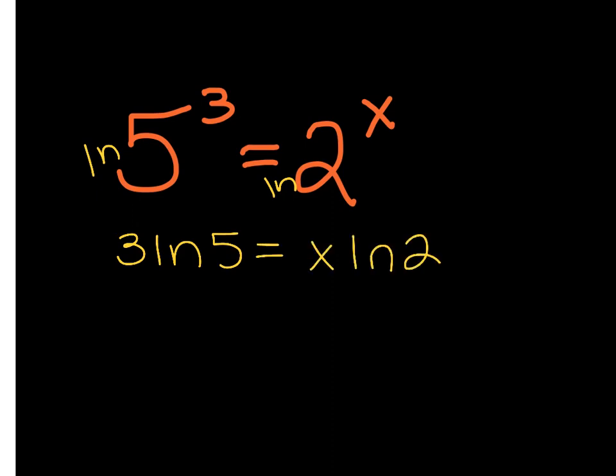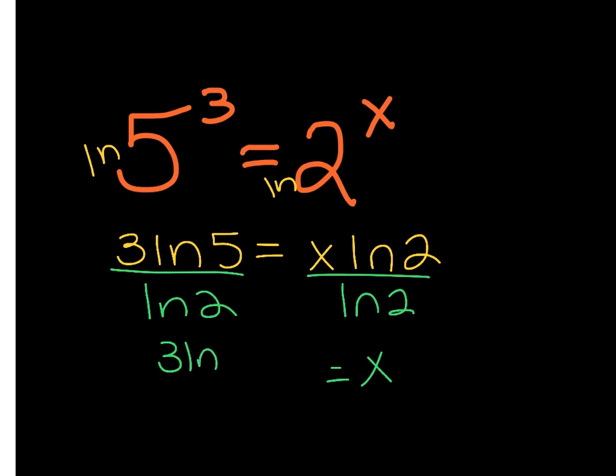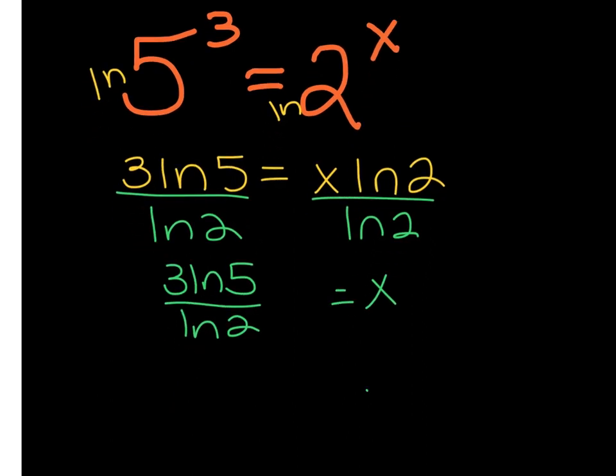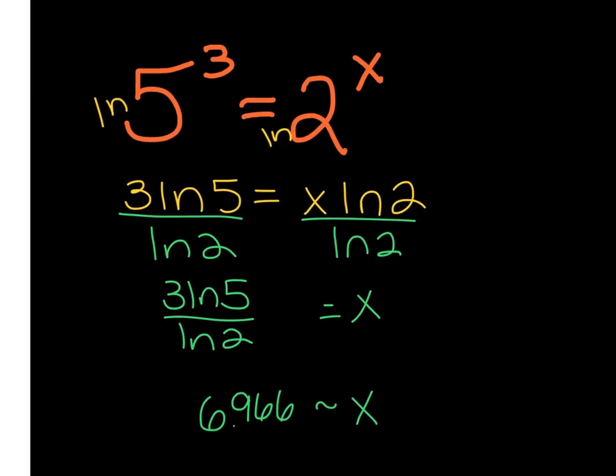And then my goal is to get x by itself. So I'm going to divide both sides by ln of 2. And I get x equals 3 ln of 5 over ln of 2. Without a calculator, it stays that. With a calculator, I do 3 ln of 5 divided by the ln of 2. That's 6.966. And again, it would have worked the same if I had done log. So you can either log or ln. The goal is to get those exponents pushed to the front.